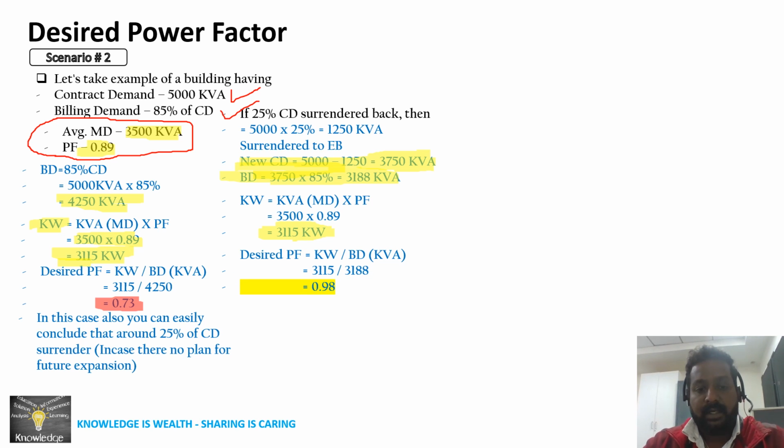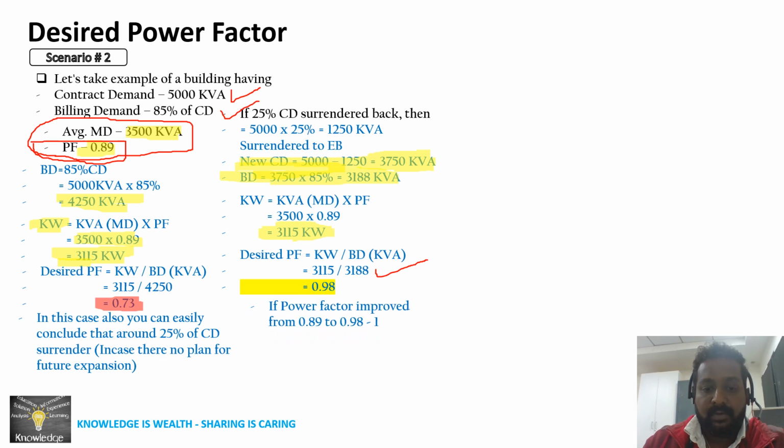Our desired power factor will be kilowatt divided by new billing demand, so 3115 kilowatt divided by 3188 kVA new billing demand, it is coming 0.98. But we are operating at 0.89 power factor.